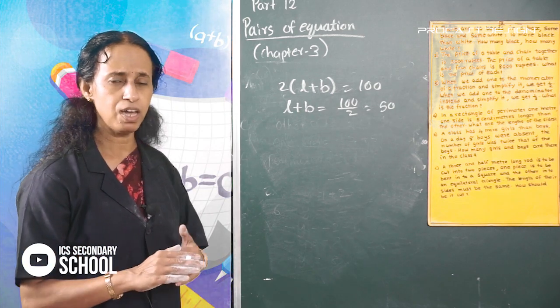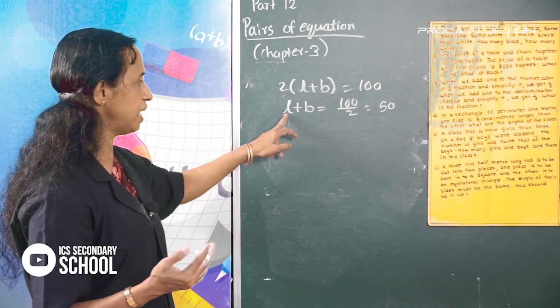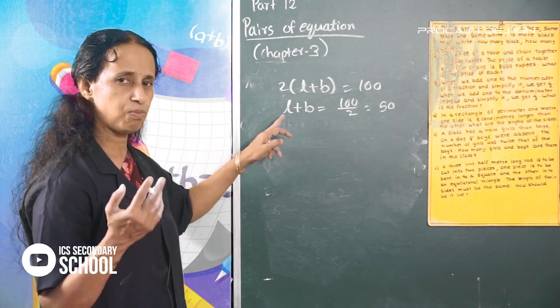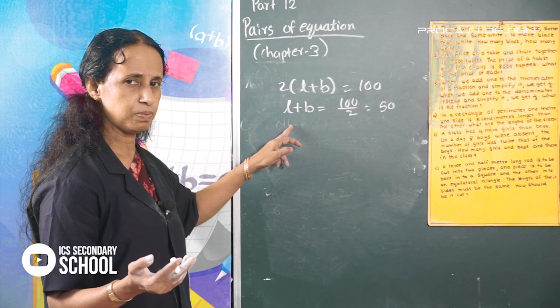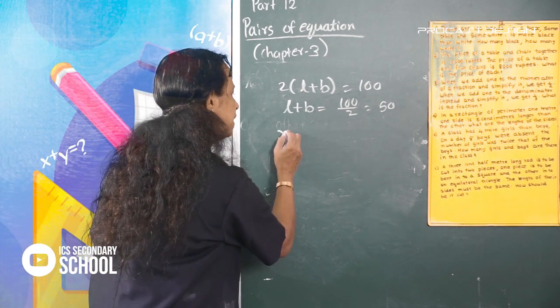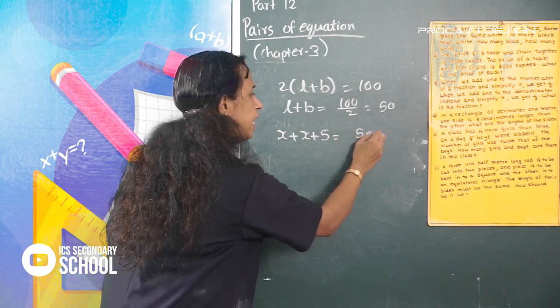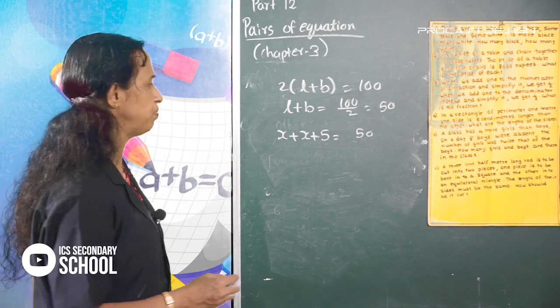Other side is equal to x, one side is 5 centimeter longer than the other. Here take one side as length and the other side as breadth. So x plus x plus 5 is equal to 50.